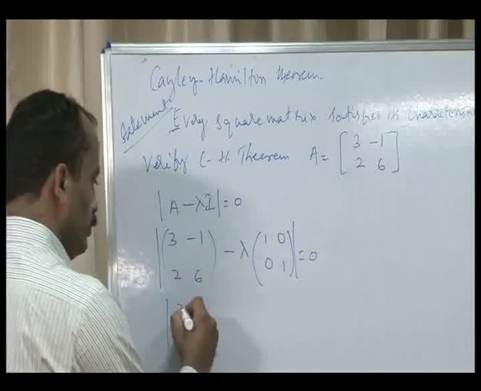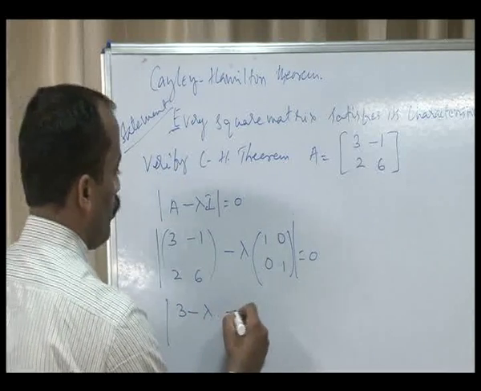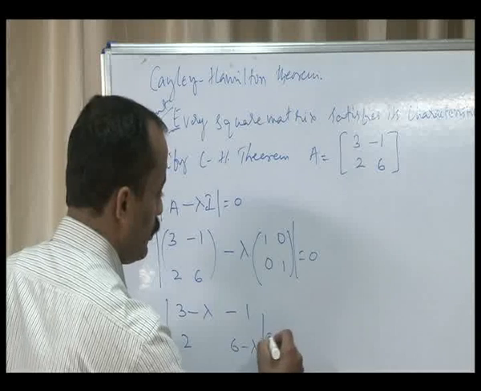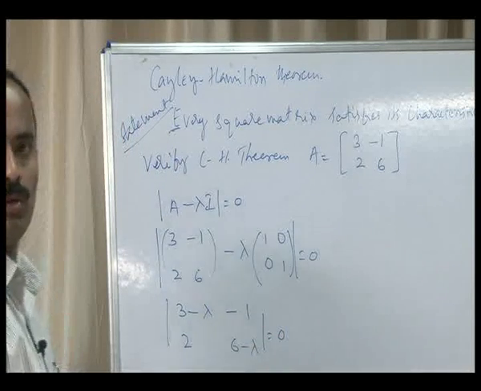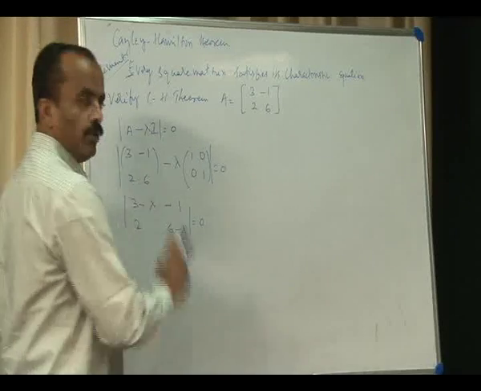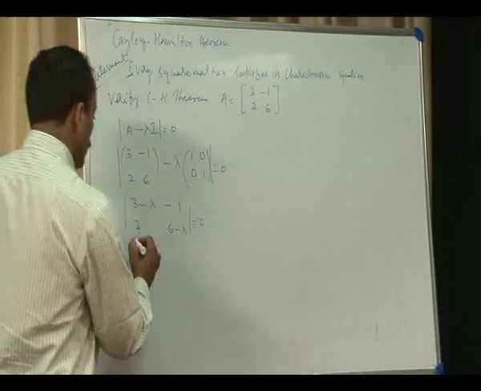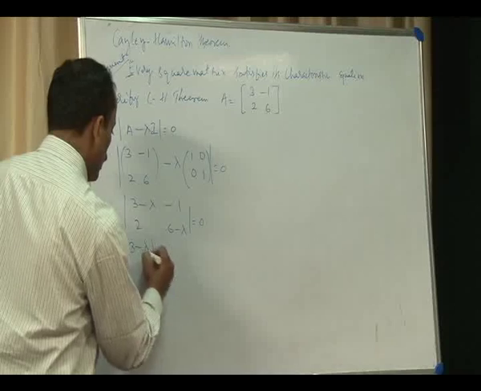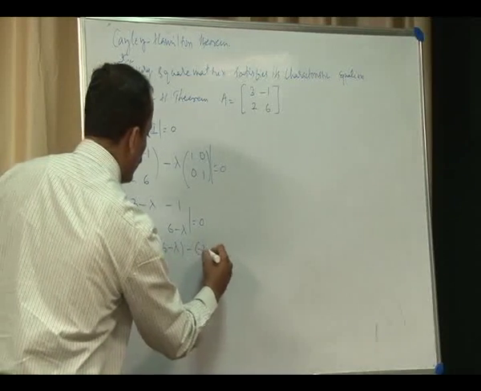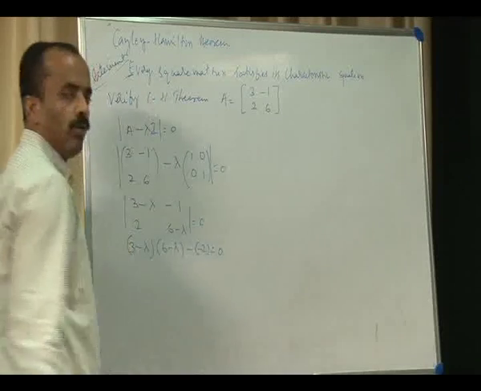So, it becomes 3 minus lambda, minus 1, 2, 6 minus lambda is equal to 0. Next, you simplify the determinant. So, it becomes 3 minus lambda into 6 minus lambda minus of minus 2 is equal to 0.